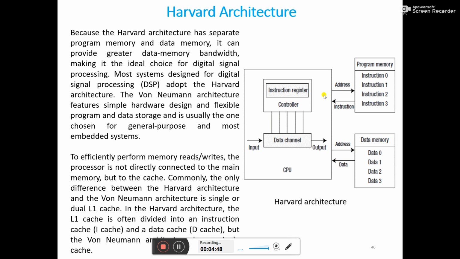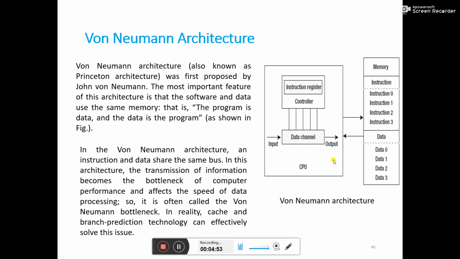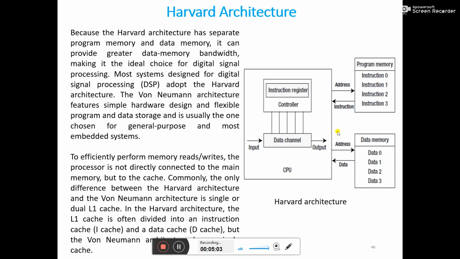From one end you capture the instruction, and from another end you capture the data. If I talk about a clock cycle, in a von Neumann machine in a single clock cycle you retrieve a single instruction, and in the next clock cycle you get the data, while in the Harvard architecture in a single clock cycle you can get both the instruction as well as the data. So definitely the Harvard architecture is faster than the von Neumann architecture.